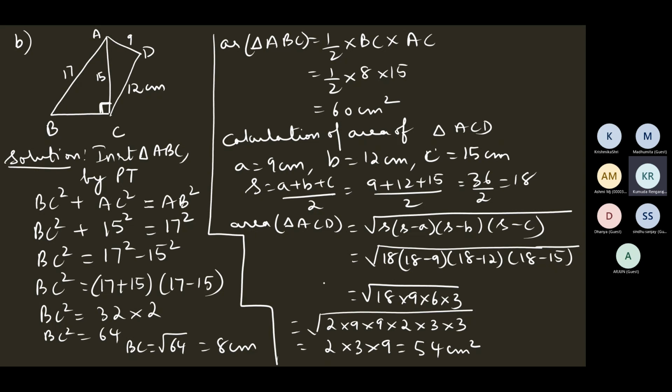So I've written 18 as 9 twos are 18. I've written 9 as it is, and 6 as 2 threes are 6. 3 as it is. So 2 nines, 2 twos, and 2 threes. Is it over? Yes, ma'am.